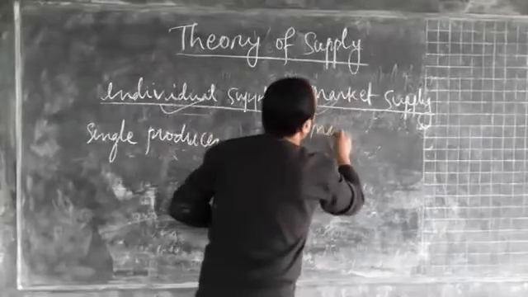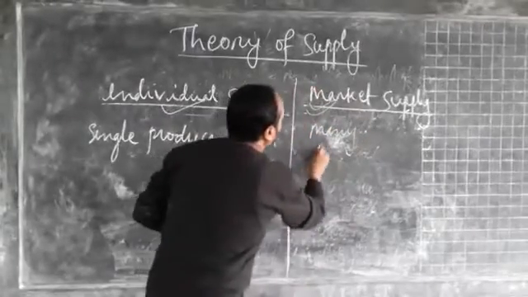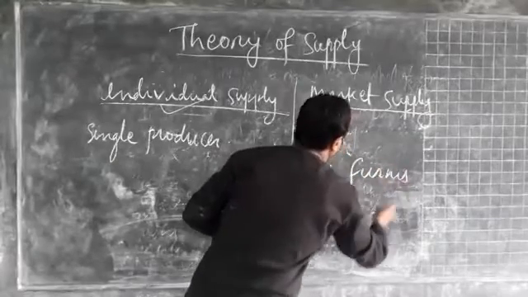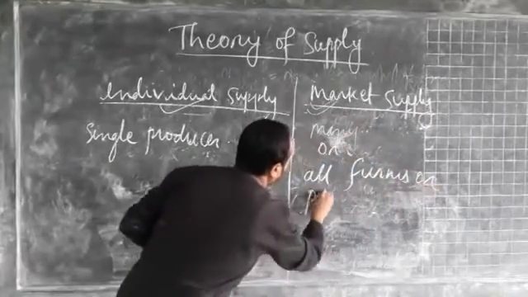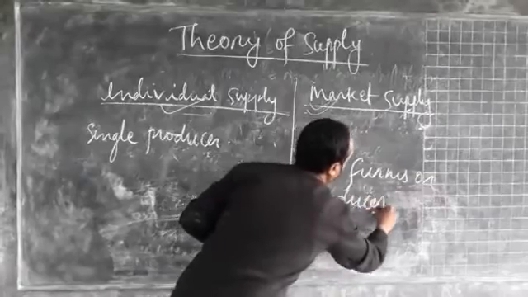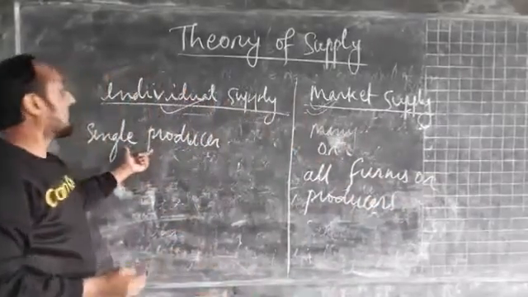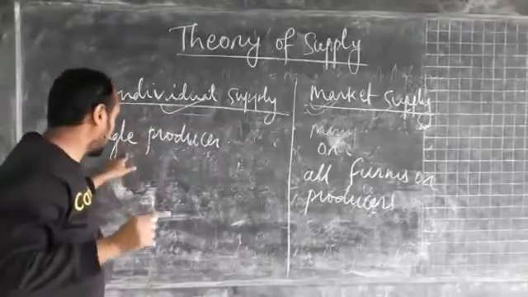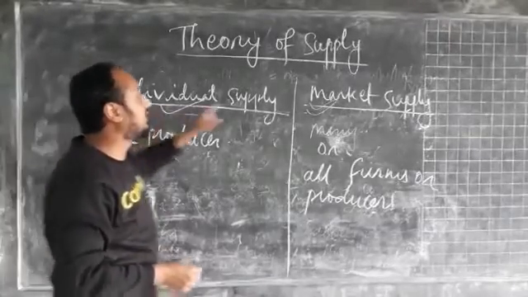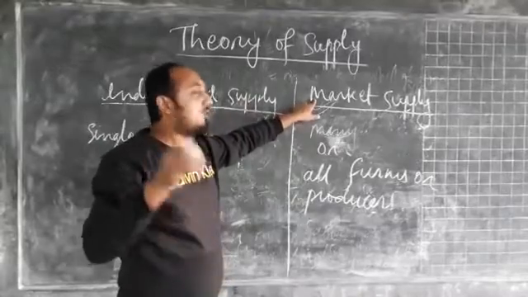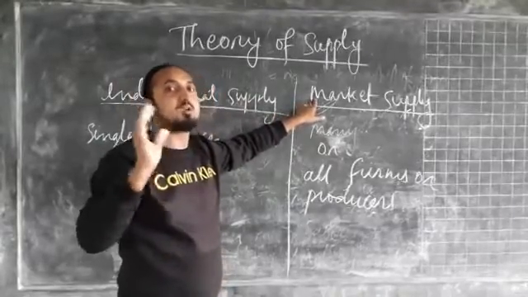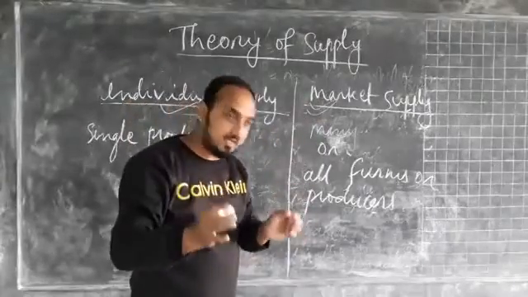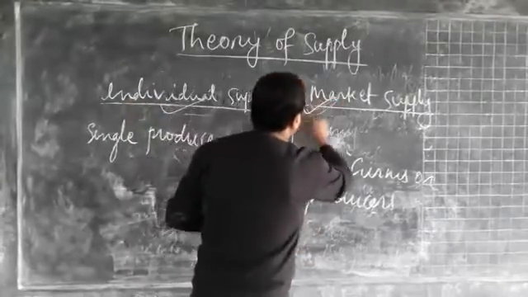Many firms, or we can say all firms produce. Here the single producer is producing and bringing to a market for sale, so that is your individual supply. In the case of market supply, all the firms or all the producers, whatever quantity of commodity they are producing and bringing to a market for sale, that concept is called market supply.